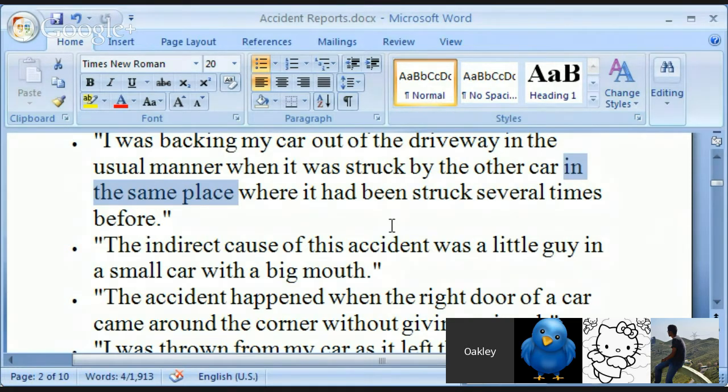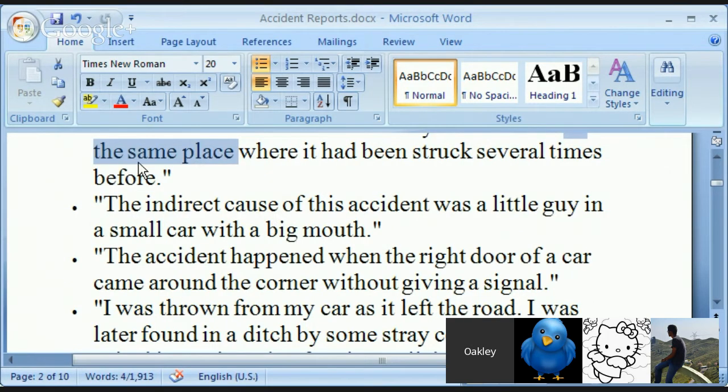Yeah, you can, but it's just, again, too vague. We don't know what in the same place is. It's another problem of reference. Same place on the car or same place in the area in front of his house. We just don't know. We need more words. Yes, really, it's too vague.